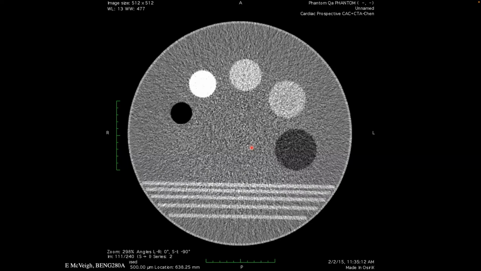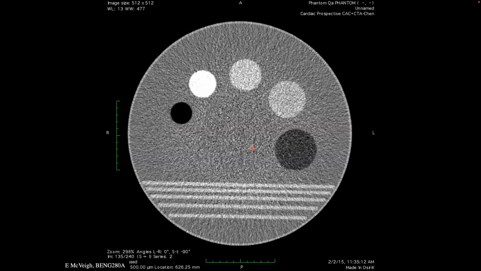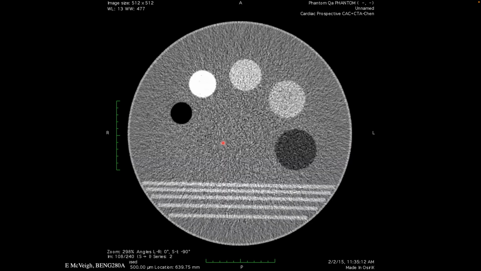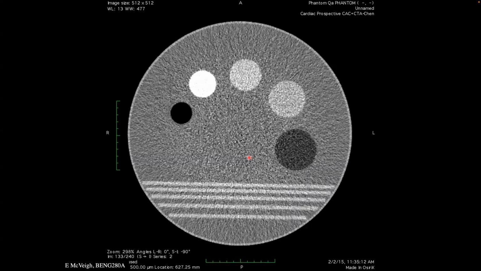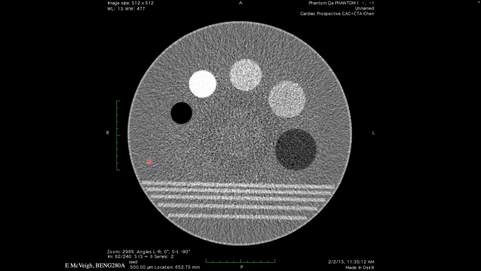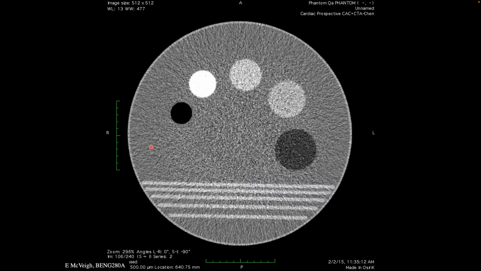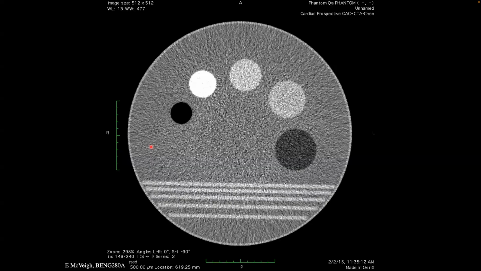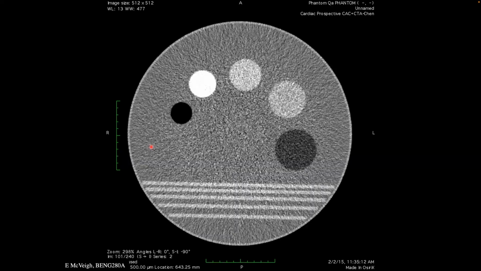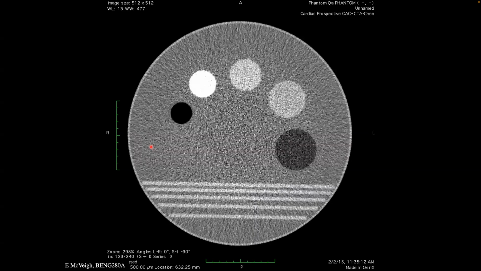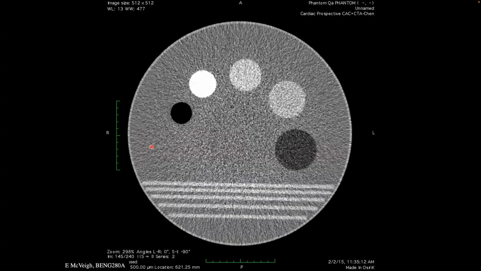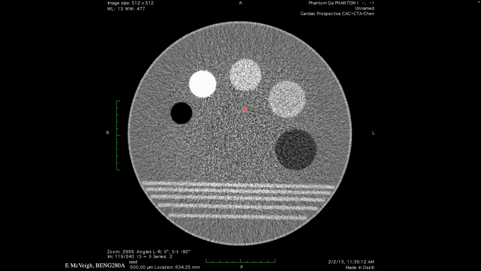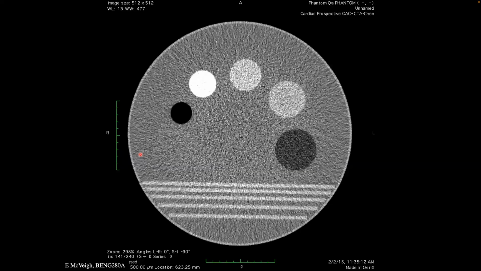And it's really obvious now that the noise behaves quite differently in the middle of this phantom than it does at the periphery. So when you're trying to evaluate what is my point spread function, what is my modulation transfer function, and what is the expectation of noise correlations, it's different in the middle of this picture than it is in the periphery.